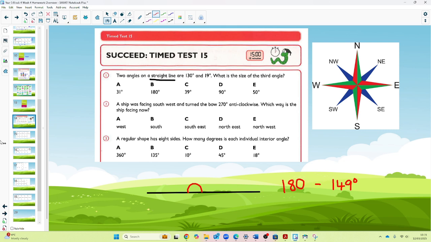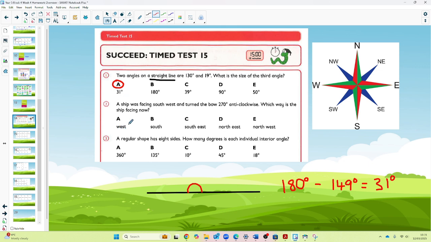So 180 take away 149 gives us our answer, which is 31 degrees. You can always double check that by saying 149 plus 31 gives us 180 degrees. So the answer to the first question is A, remembering that a straight line is equivalent to 180.